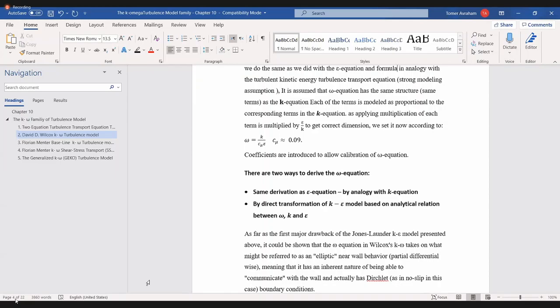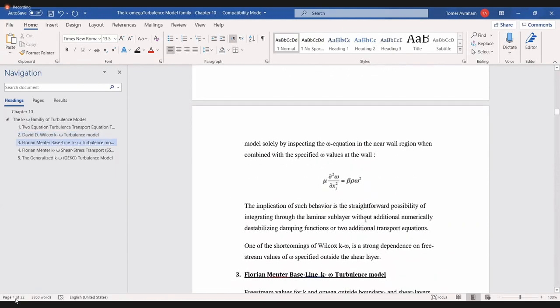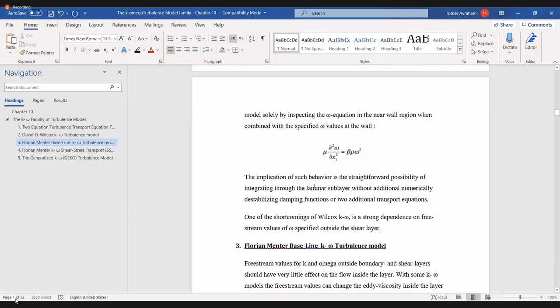But what he does is take the Wilcox K omega near the wall, where its elliptic nature allows it to be integrated to the wall, and then blends it, and that's what he does a lot, smoothly, somewhat smoothly, and it happens at the middle of the boundary layer, more or less, with the Jones-Launder K epsilon transformed into the K omega. Perhaps here you can see the elliptic nature of the K omega.